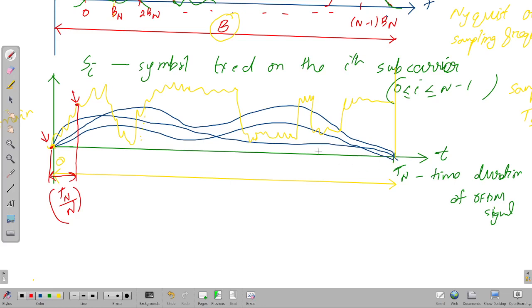Because you have total time duration Tn, and you are dividing that into Tn divided by n time intervals. So you will have n number of sample points.